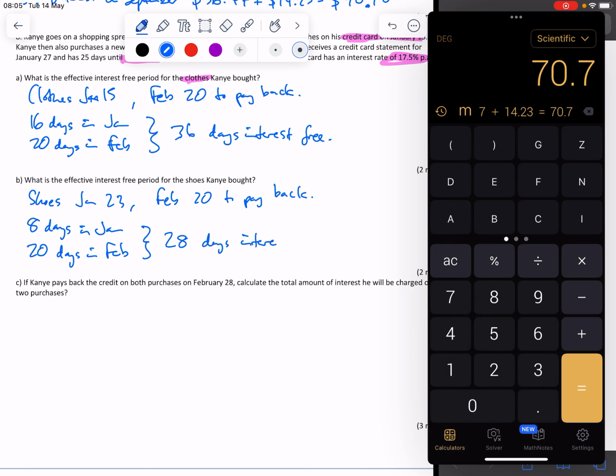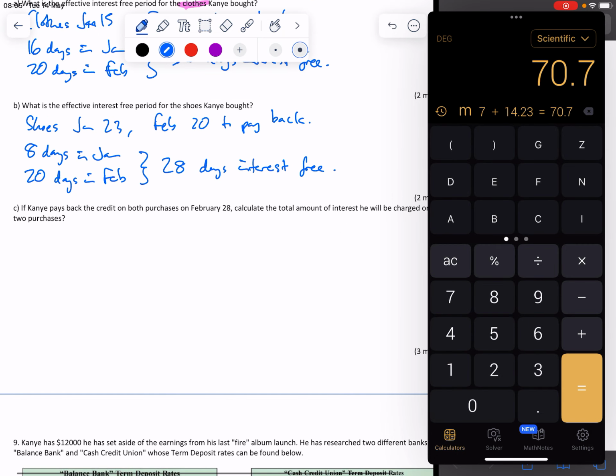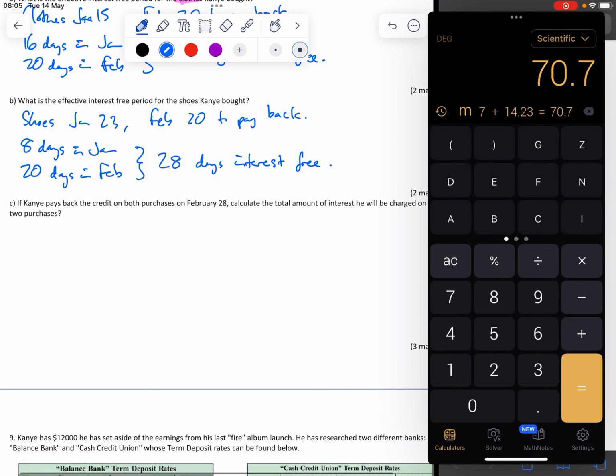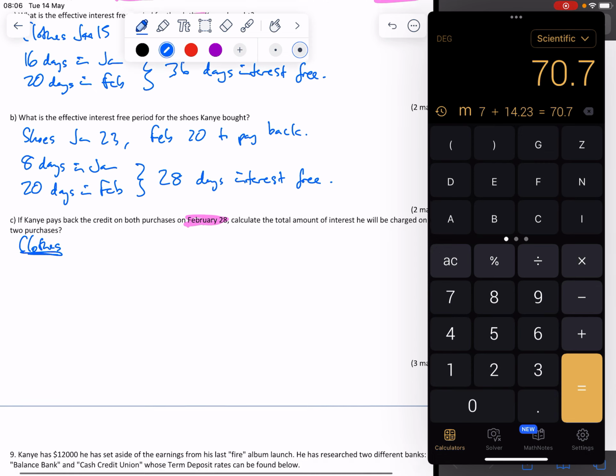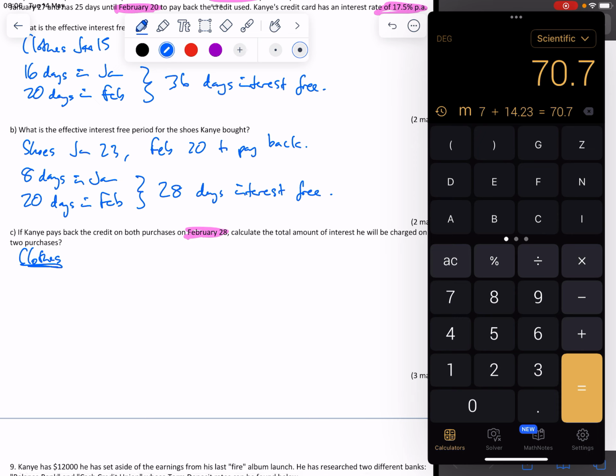If Kanye pays the credit on both purchases on Feb 28, which is late, how much interest will be charged? You need to do the thing separately because they were bought at different times. So clothes, we already counted 16 days in Jan.